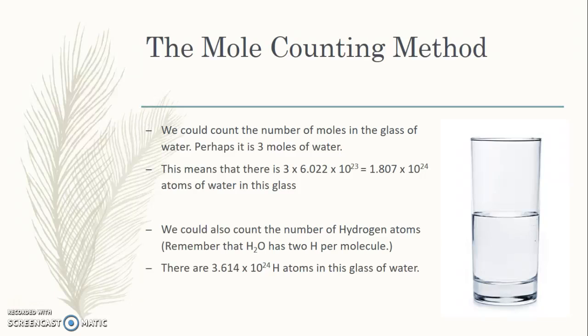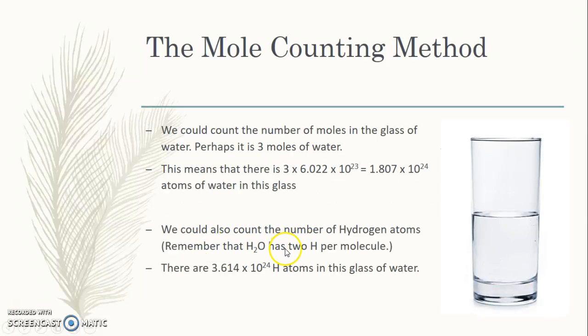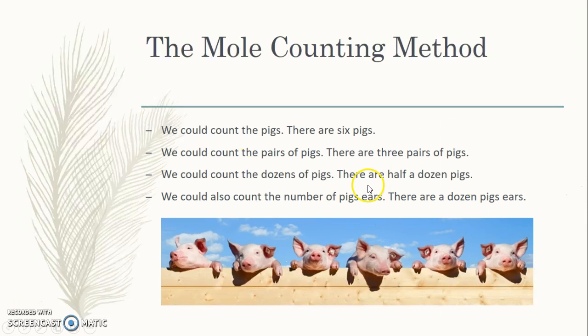Now, a more difficult question is to count the number of hydrogen atoms. Remember how we were counting pig's ears over here? For every 1 pig, we have 2 ears, right? For every 1 water, we have 2 hydrogens, right? So just as we had half a dozen pigs, there are 2 ears per pig.